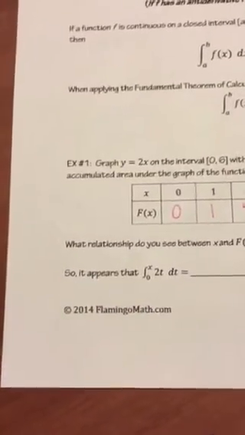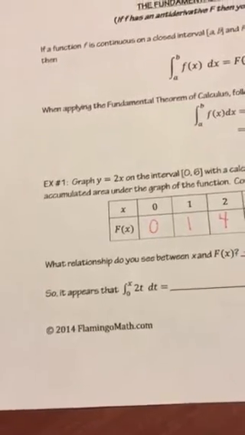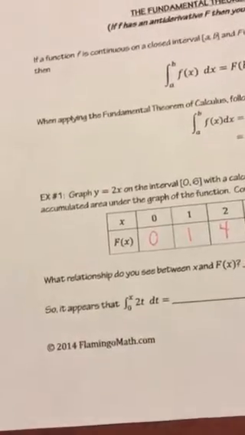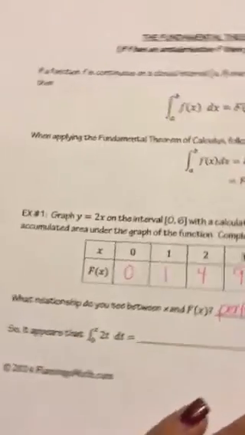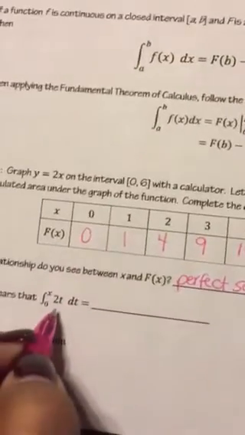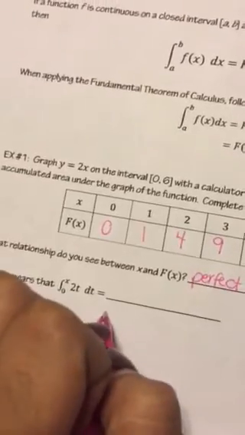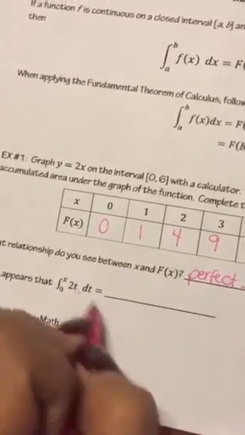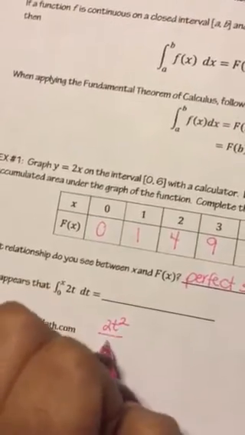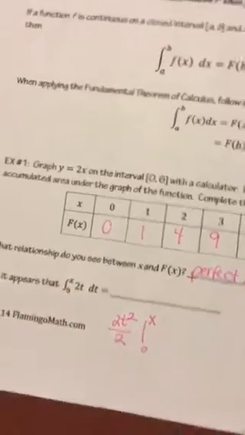And so it appears that the integral from 0 to x of 2t dt is, if we take the integral of 2t dt, we're going to use the power rule, so it's 2t squared divided by 2 from 0 to x.